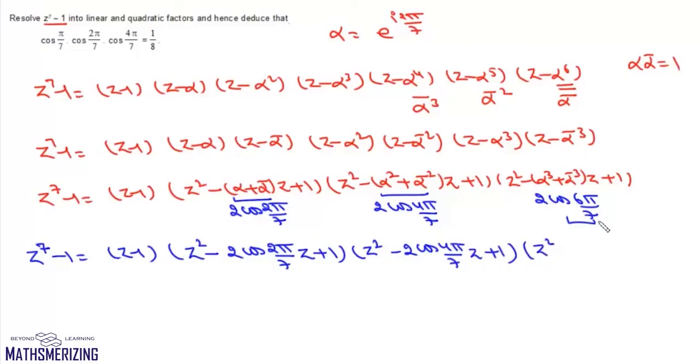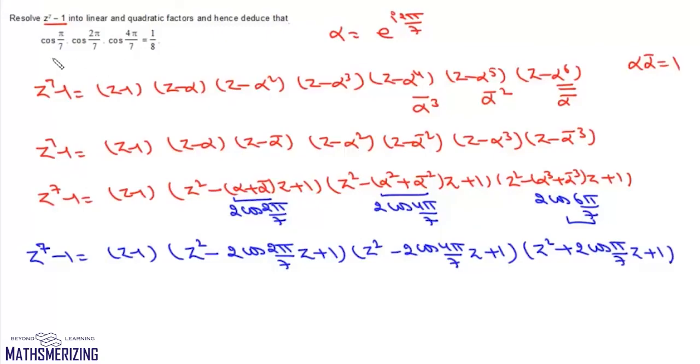Now we can write cos 6 pi by 7 as cos of pi minus pi by 7, which will be minus cos pi by 7. So it will be z square plus 2 cos pi by 7 z plus 1.